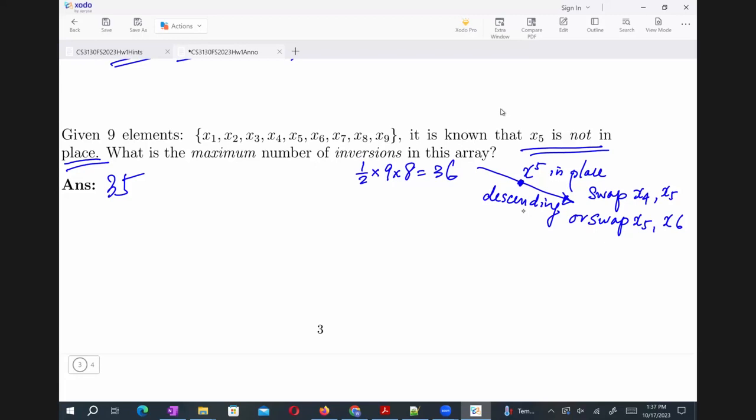When you consider pairs with others, no change. X5 with others, because their relative order stays the same. X6, if you compare with others, their relative order is the same, right? Yeah. Think about that. Imagine that situation. Okay? Yeah.